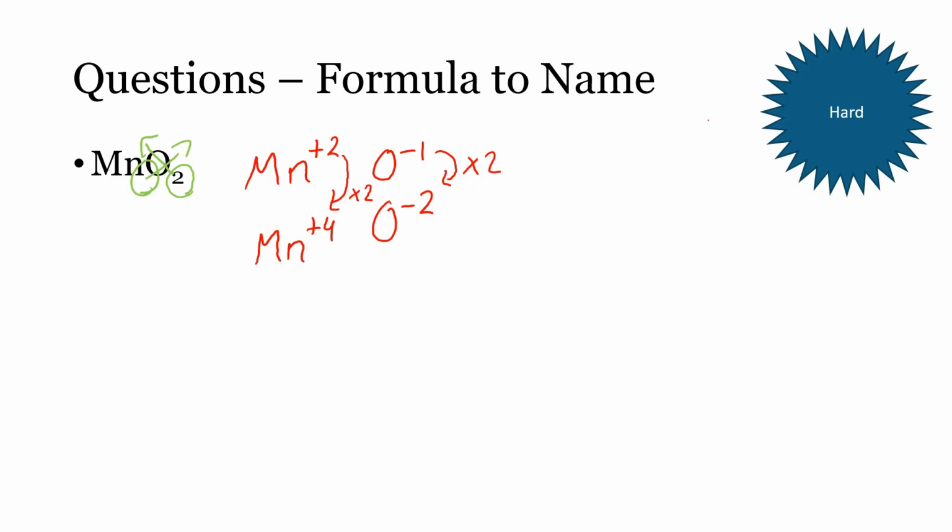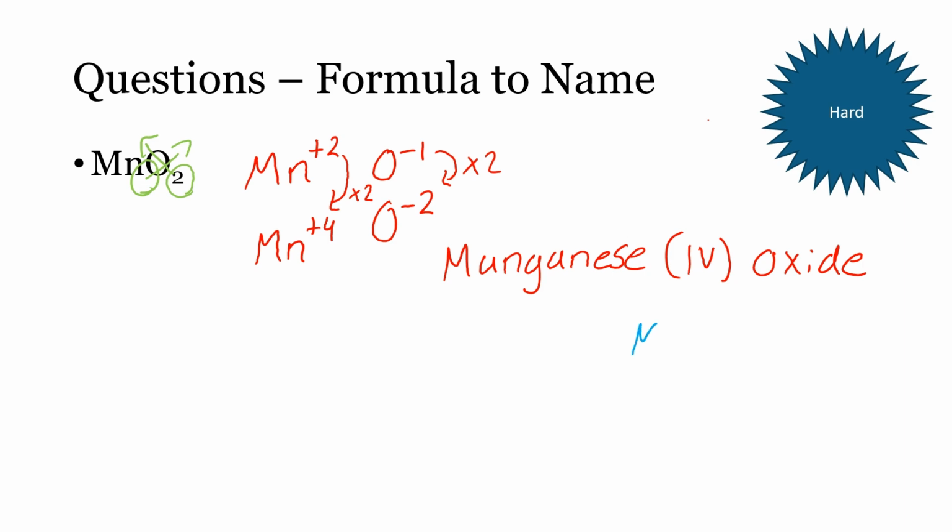Now, writing this out, our Mn is going to be manganese. Our Roman numeral for 4 is going to be IV, and then our oxygen becomes oxide. Now, let's go back and double check to make sure everything is fine. We are able to go from the name back to the formula to make sure that this is correct. So we have manganese, Mn +4, and oxygen, -2.